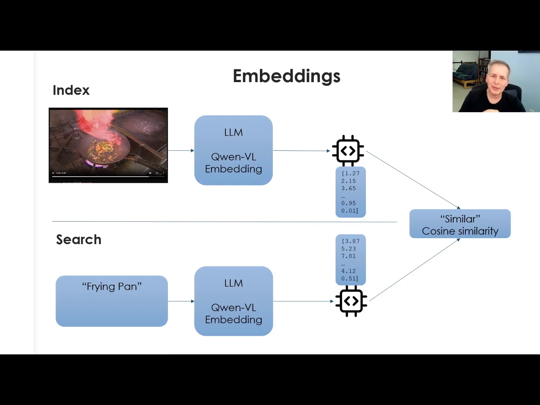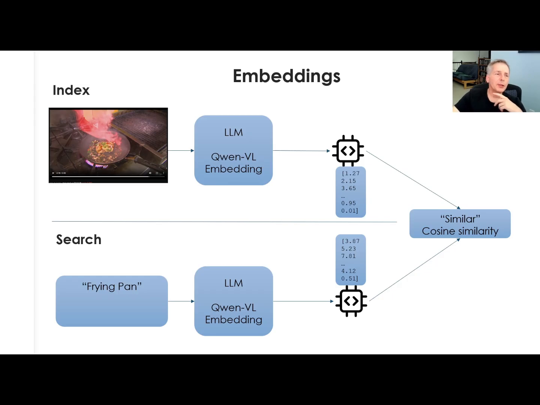What's cool about this is that when you use a technology called a cosine similarity check on these two vectors, you will notice that they are similar. So the image of a frying pan and the text frying pan create something that is similar according to this cosine similarity.